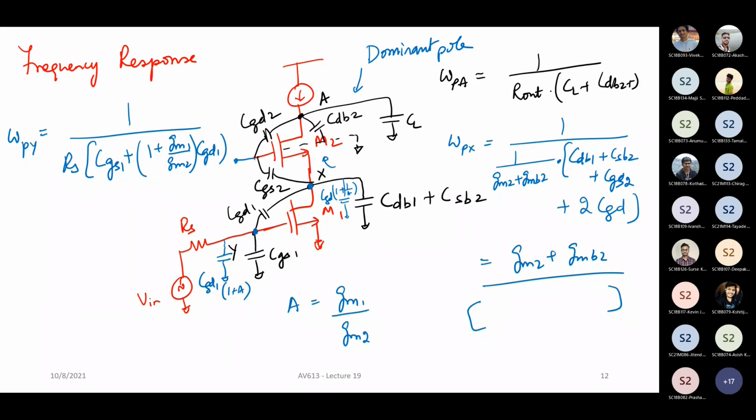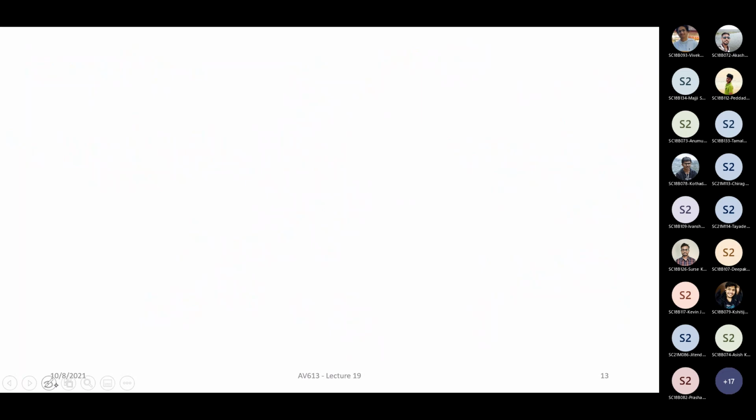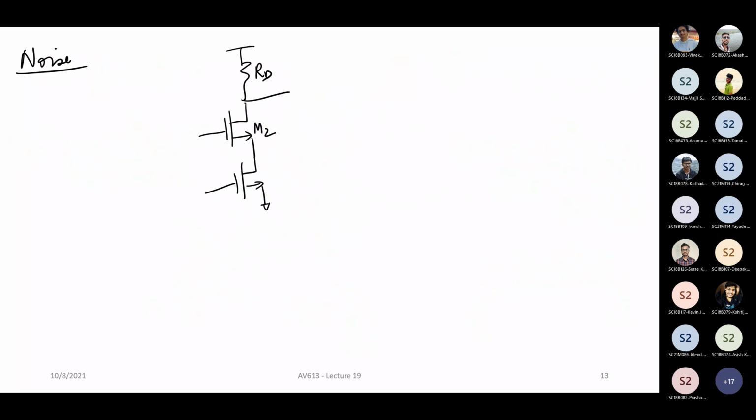Okay. Now, lastly, I'll just quickly talk about noise and conclude. For noise, what do you see here? Basically, let us say you have some total resistance there, right? Resistance, or you can even put a current mirror, whatever it is. The important thing is the noise of M2, right?